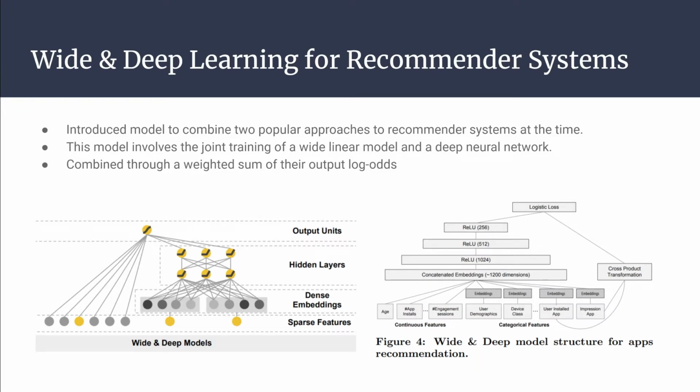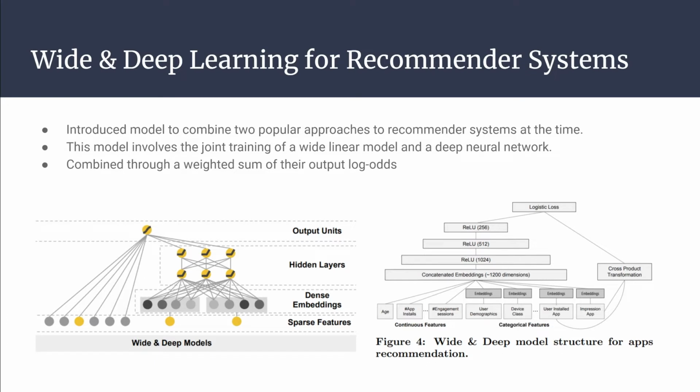So we can see here from the image that they're combining these two different components, the wide and the deep. So first they have a deep neural network, which takes, first of all, the categorical features, turns them into embeddings, and then also uses those embeddings in conjunction with the continuous features, and just passes it through your typical deep neural network using ReLU as the activations.